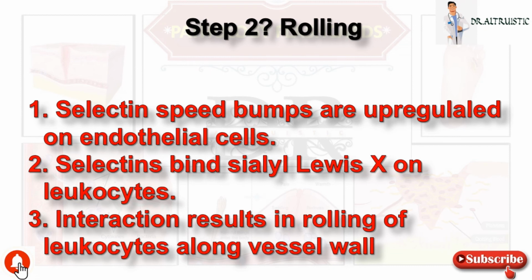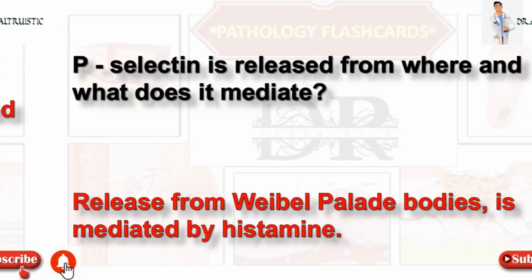Step 2, rolling: selectin speed bumps are upregulated on endothelial cells and bind sialyl Lewis X on leukocytes. This interaction results in rolling of leukocytes along the vessel wall.